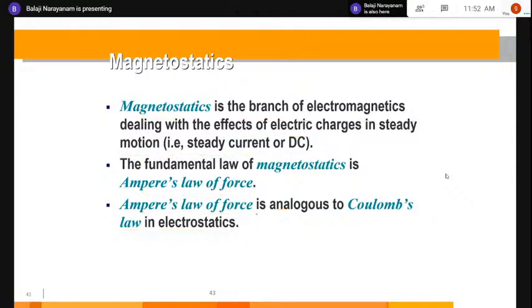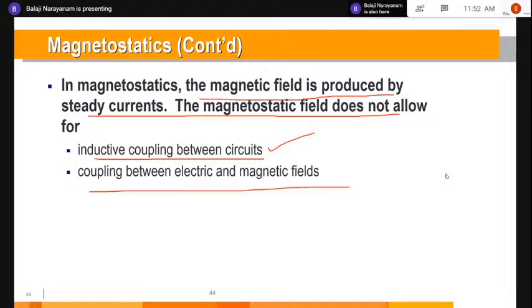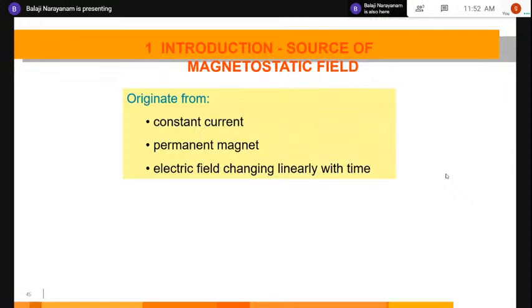In magnetostatics, the magnetic field is produced by steady currents. The magnetostatic field does not allow for inductive coupling between circuits or coupling between electric and magnetic fields. What are the different sources of the magnetostatic field?